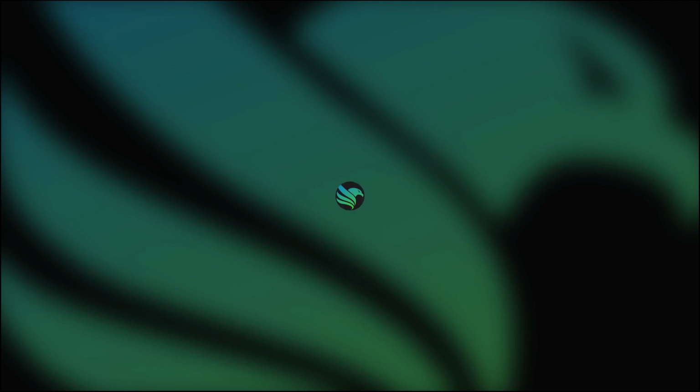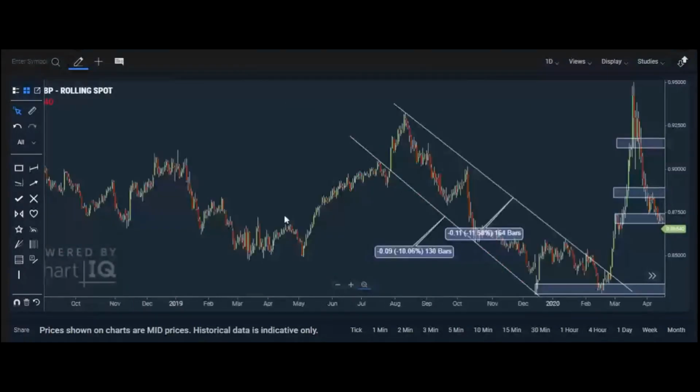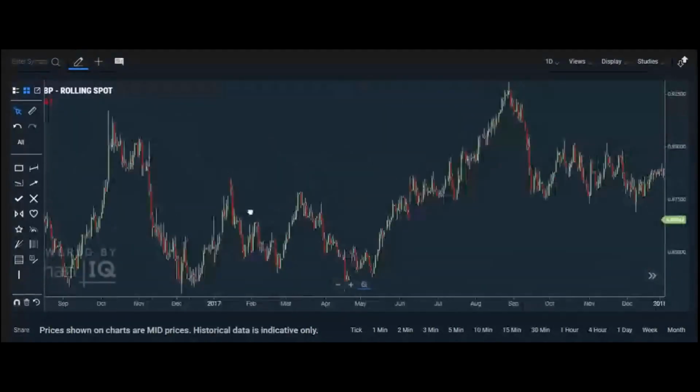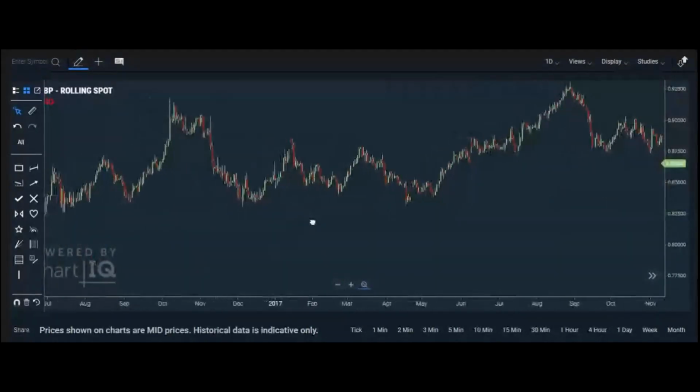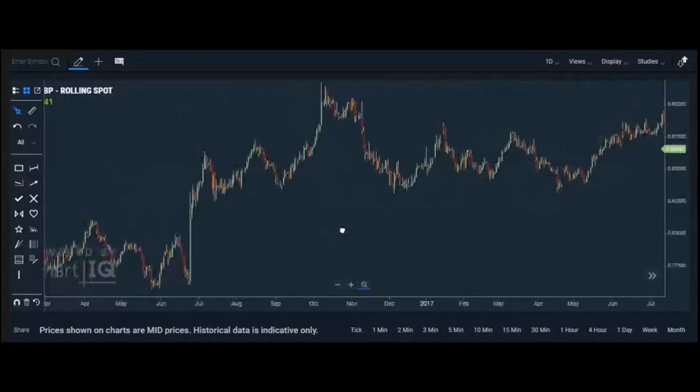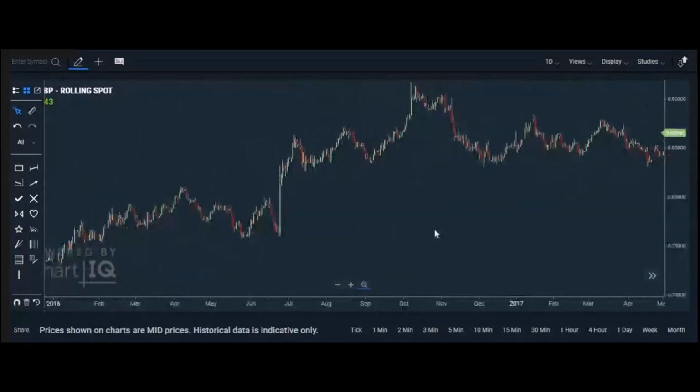Okay, let me share a screen right now. I'm looking for somewhere where the escape was not successful and price got back in line.